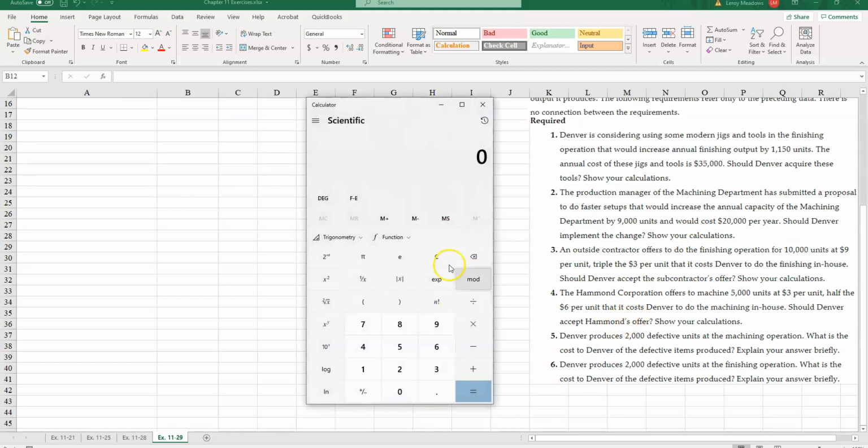And how much cost are we adding? 5,000 units times $3 per unit. We're adding $15,000 to the cost. So if we took Hammond Corporation up on this, we would be reducing operating income by $15,000.